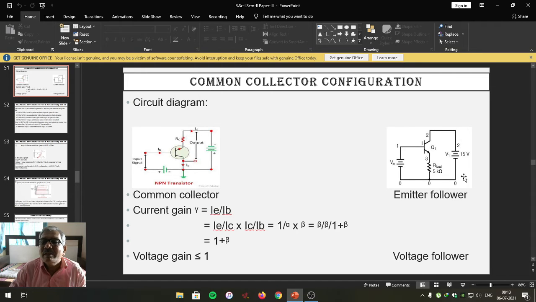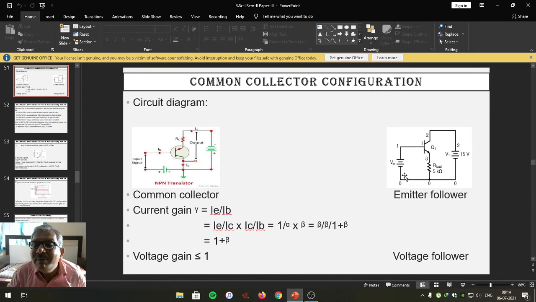Here again the BJT is of NPN type, but here the emitter is grounded via load resistance RE. It is a load resistance RL or it is called RE. Here also output is taken across emitter and ground. So that's why both the circuits are equivalent.